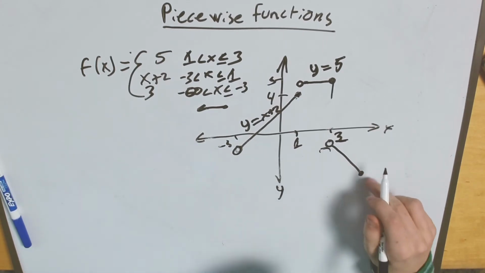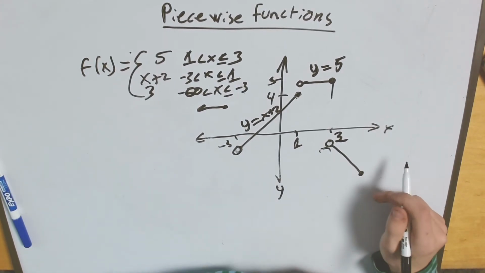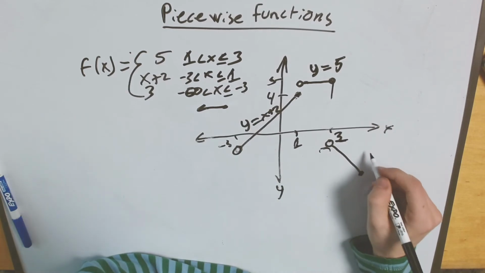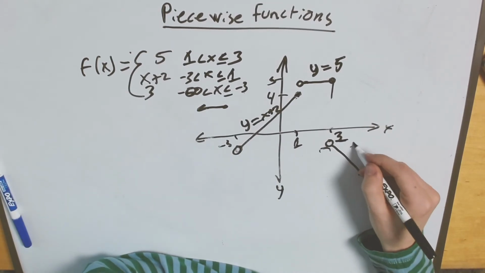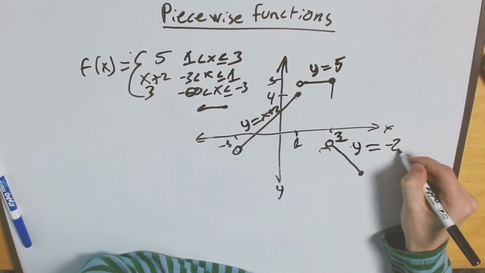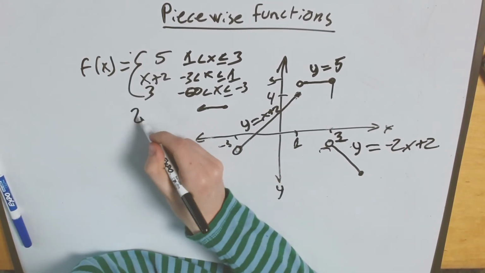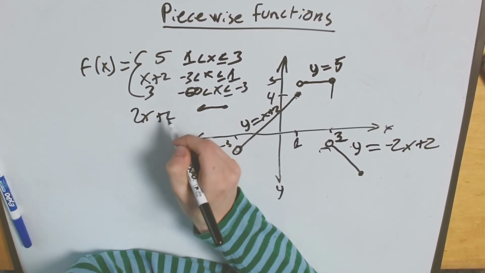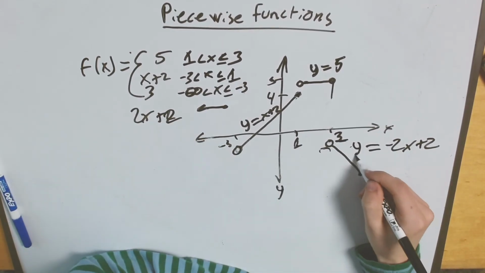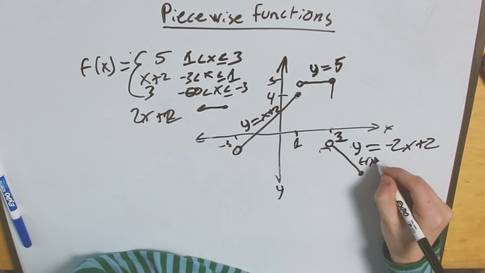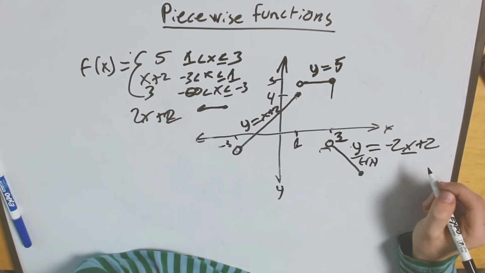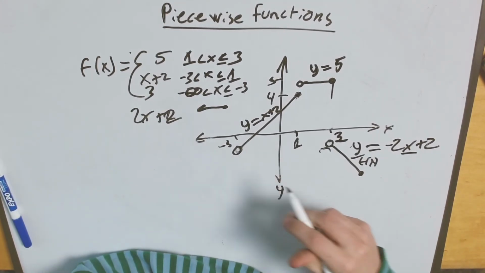And finally, this last part here, how are we going to break it down? Well, let's say we figured this out, we've graphed it all out. We say this is y equals negative 2x, I don't know, plus 2, right? So it's going to be negative 2x plus 2, because y is the same thing as saying f of x. They're both outputs for a given input x. And then what's the interval?